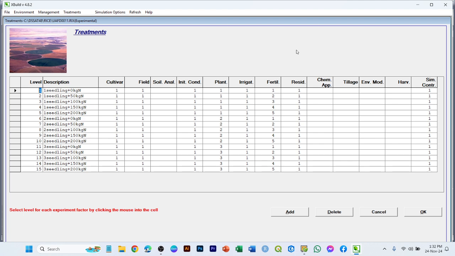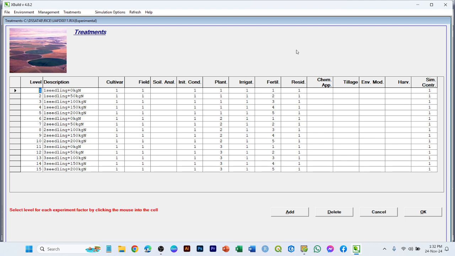Either they are fertilizer based, cultivar based, field relevant, planting, irrigation, fertilizer, residues, and if you have chemical application, that will be there. Understand? Clear? Yes, sir. Any question?